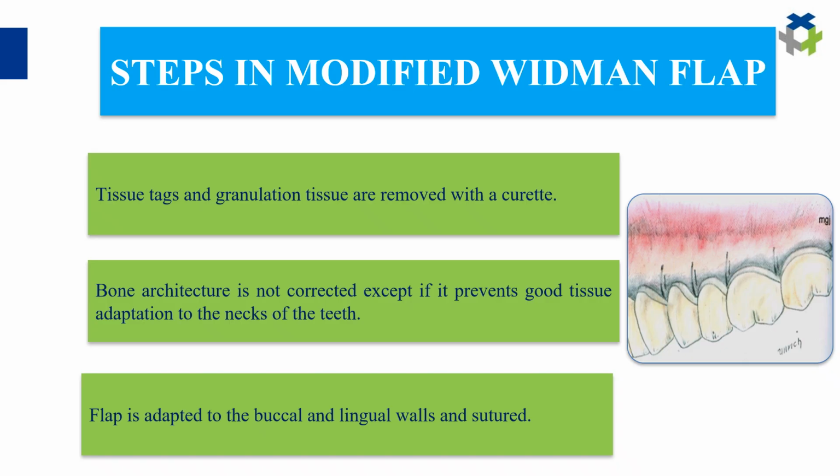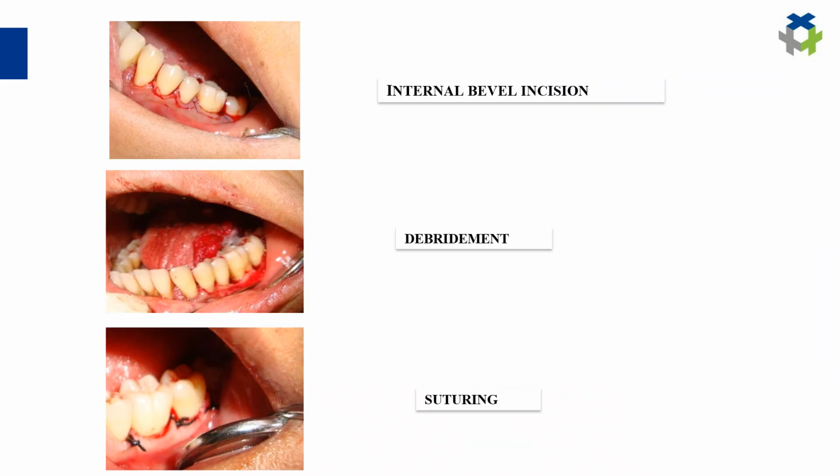So tissue tags and granulation tissues are removed. Bone architecture is not corrected except if it prevents good tissue adaptation to the necks of the teeth. Flap is adapted to the buccal and lingual walls and sutured. See, we have given an internal bevel incision and then debridement and suturing.